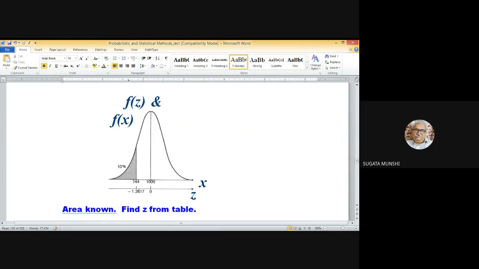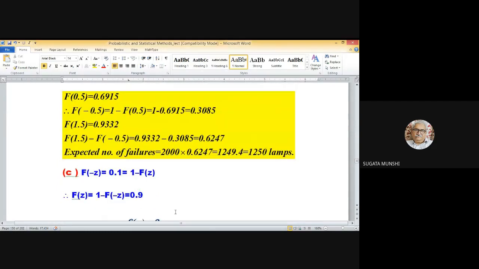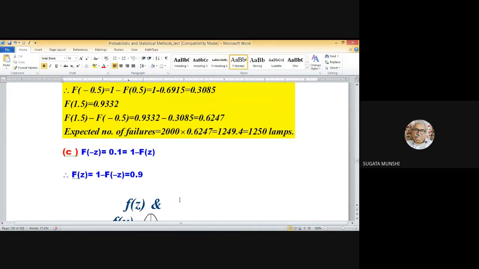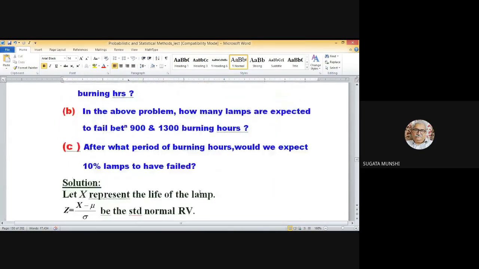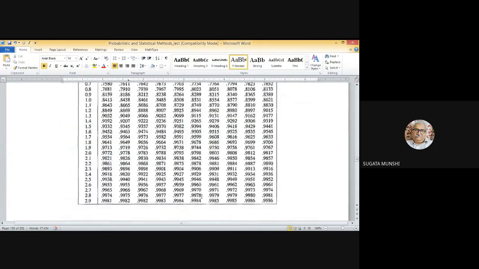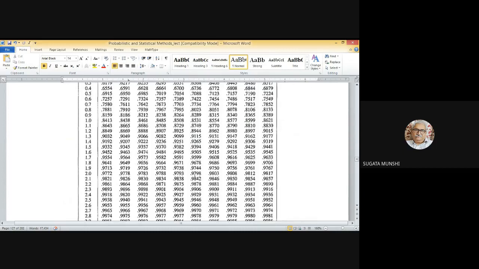This value of z from the table comes out as minus 1.2817. How? Let us see. So you refer to the table for the 0.9 probability value, that is somewhere here. This one, say.